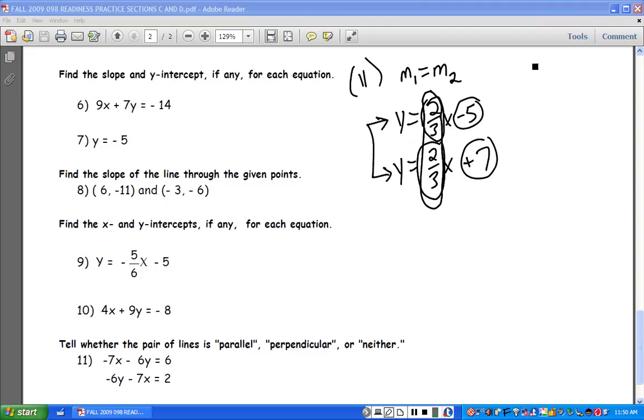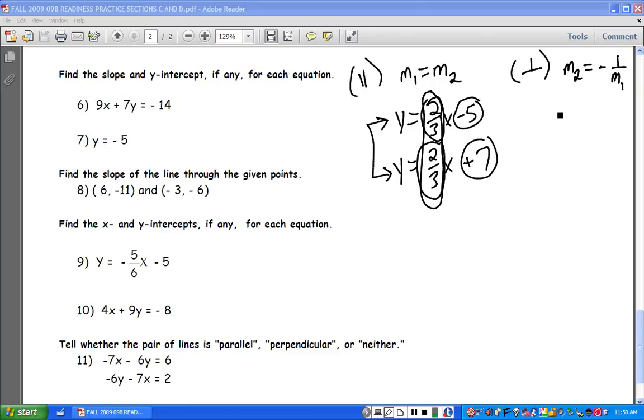Now, perpendicular on the other hand, which is like an upside down T, is saying two lines are crossing to form a right angle, or a 90-degree angle. It's saying that my second slope is going to be the negative inverse of my first slope. Sounds complicated, but really all it means is I'm going to flip and change the sign.